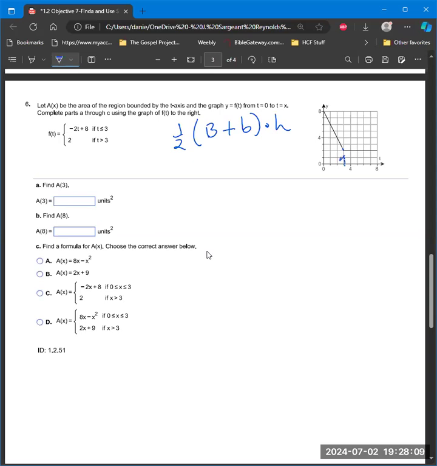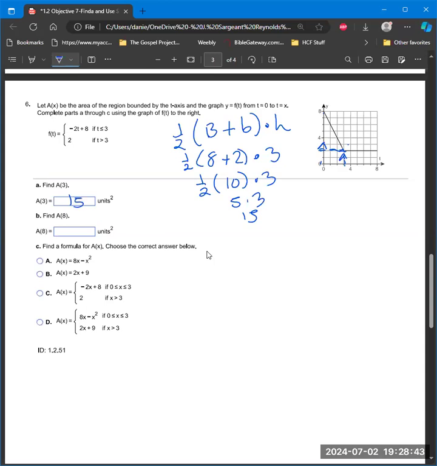We have big B is 8, little b is 2, and h is the distance from the base up to the highest point, which is 3. So 1/2 of 10 times 3 is 5 times 3, which is 15 square units.